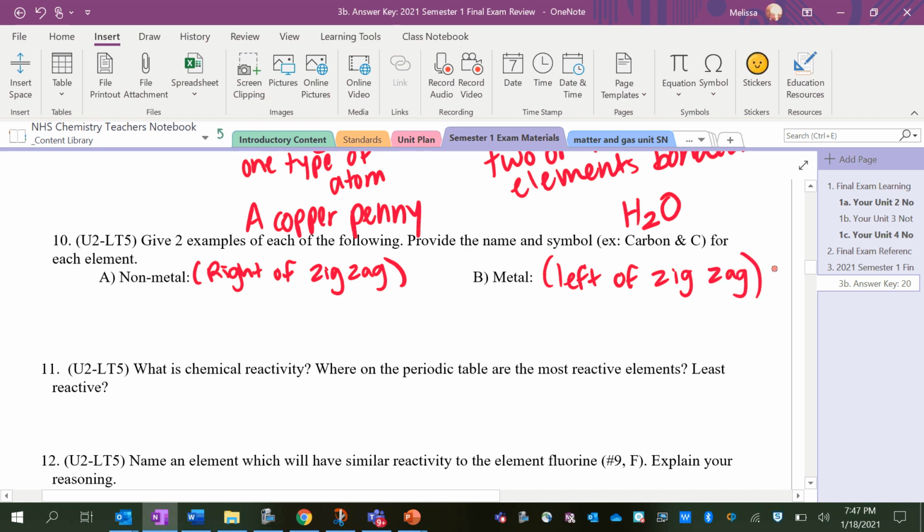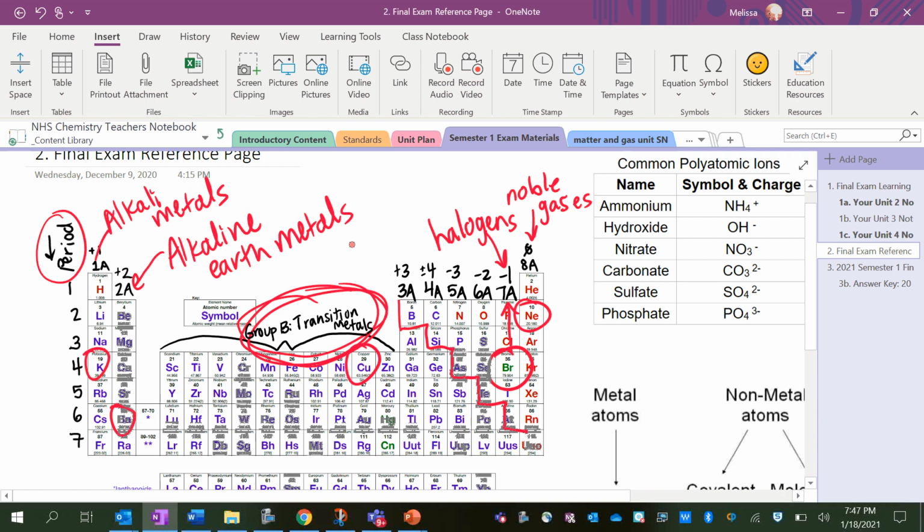That'd be something good to have on your notes page, or else you can also remind yourself, because it literally gives you a big hint right here, and it says the transition metals are this middle section.